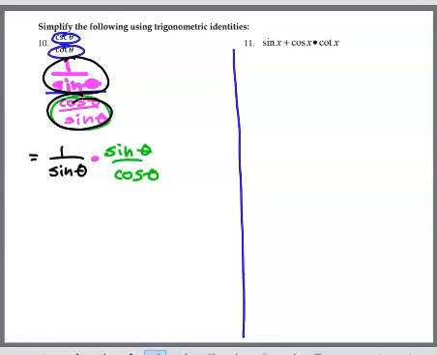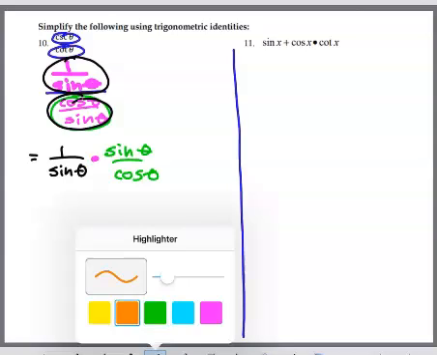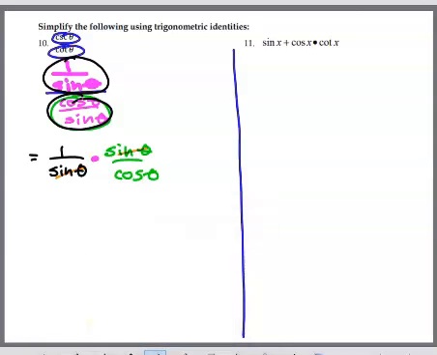And then I look to see if we notice anything. And it looks like sine over sine crosses off. So we're left with 1 over cosine. And then 1 over cos is equal to secant. So I don't have an equal sign that says equal secant, but I'm pretty sure I'm done because I can't make things any simpler than that.